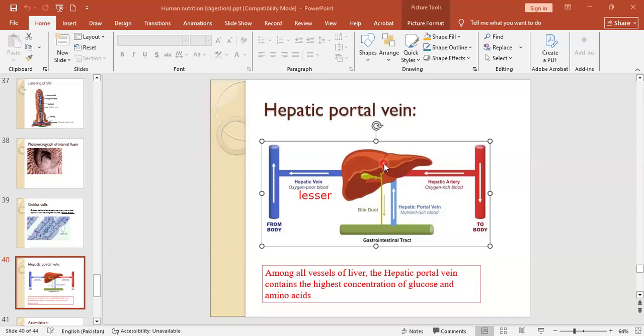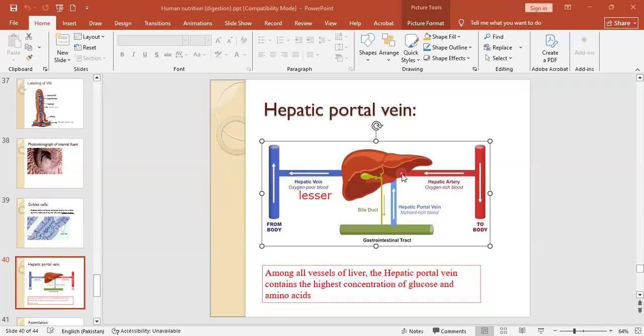Miss, I don't understand the oxygen thing. You just need to remember that there are actually three vessels present around this liver. One is bringing the oxygenated blood to the liver. You know that the cells need oxygen, right?